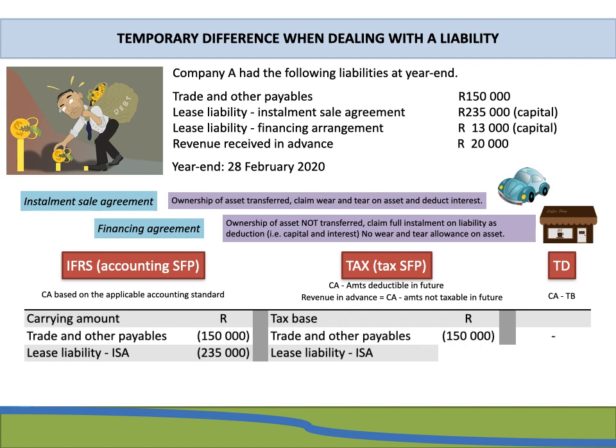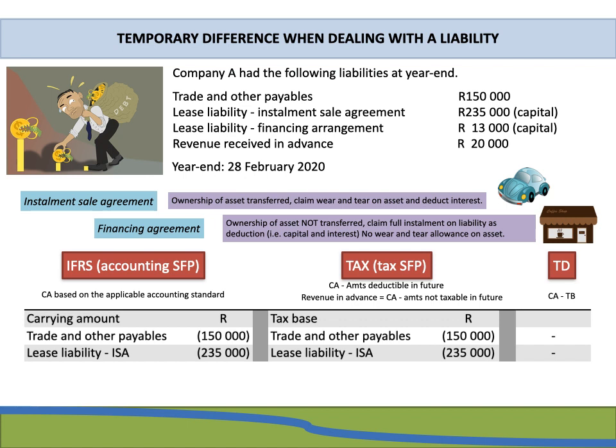We're only allowed to claim interest. So therefore, the amount that will be deductible in future will be zero because this lease liability of 235,000 Rand is only capital. So nothing is deductible in future. So our carrying amount is equal to our tax base. The temporary difference will therefore be zero.